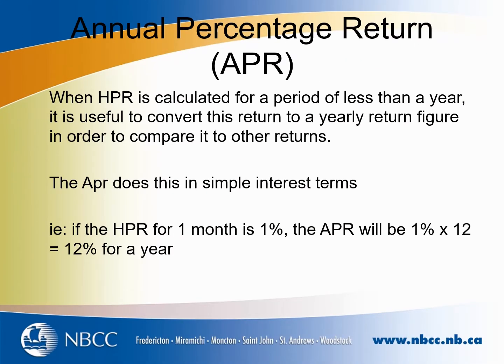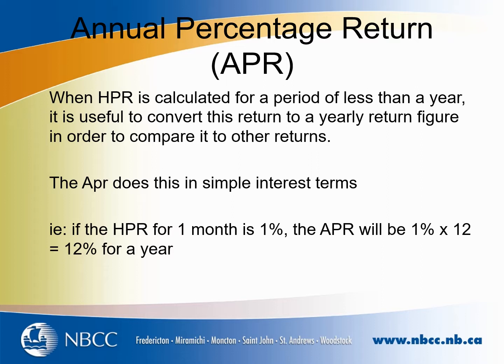Next, we're going to look at a calculation called the annual percentage return. And I mentioned before that we tend to put things in terms of annual returns because this is what allows us to compare our returns to other investments. We use the annual percentage return calculation when we're dealing with a holding period return of less than a year.